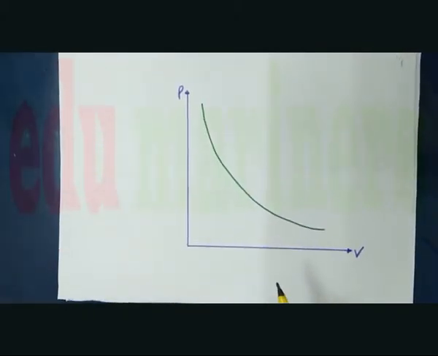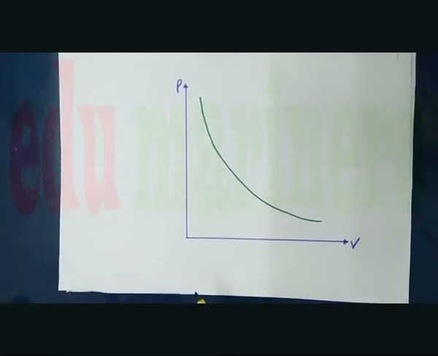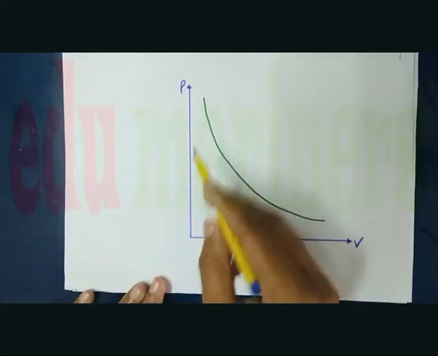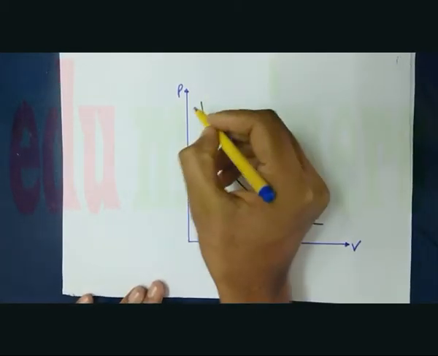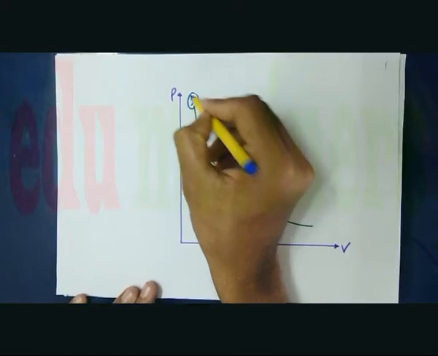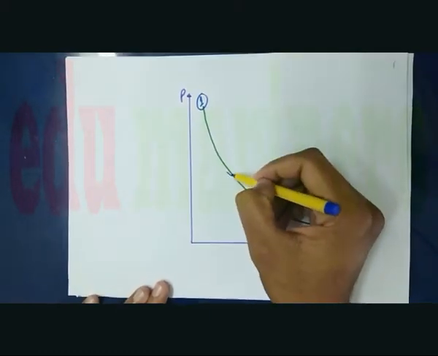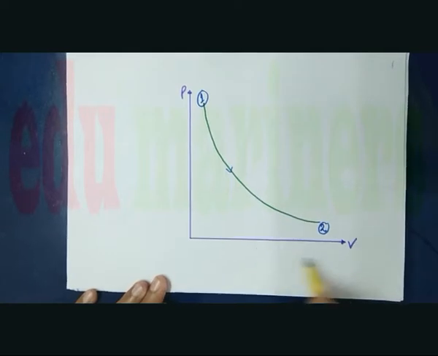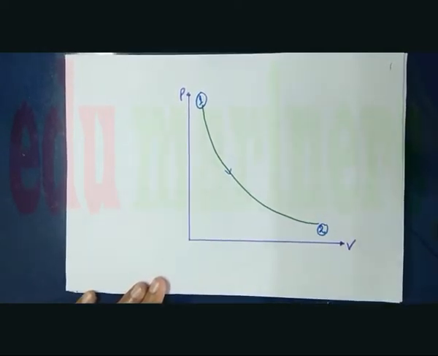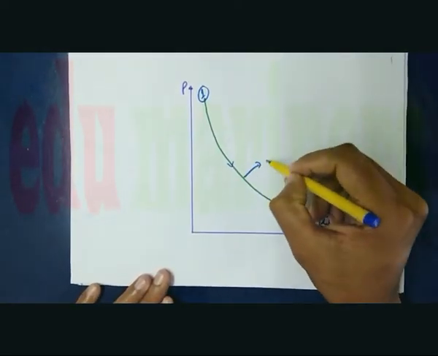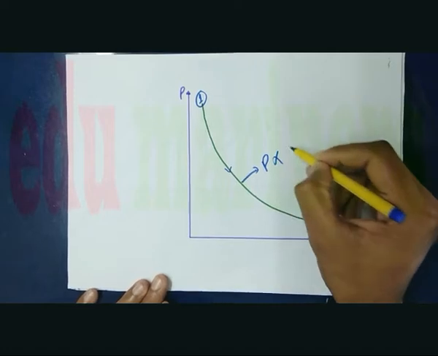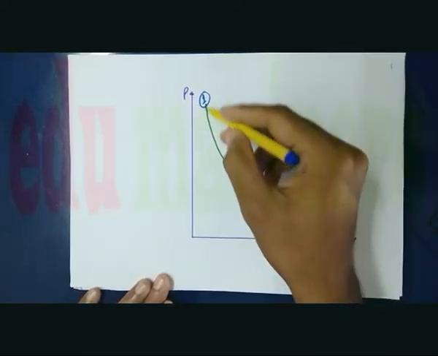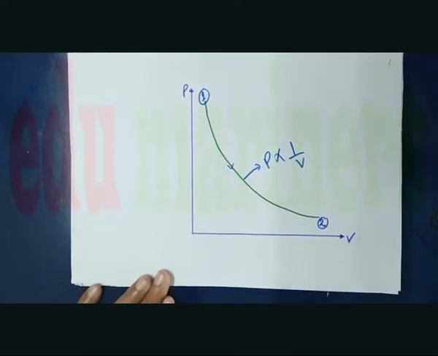Now let's see the graphical representation of Boyle's law, the PV graph. Let a process start from 1 here, continue and expand and reach point 2. If you see, the volume increases, pressure decreases. So our mathematical equation, P is inversely proportional to V, that is pressure decreases then volume increases.